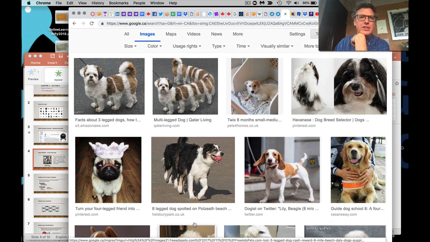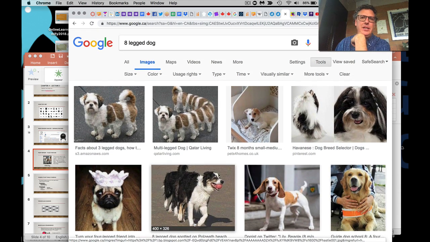How the heck did it do that? It literally takes that image form and compares it to everything it has in its database, and it looks for things that match, that look similar somehow. And these are some of the things.